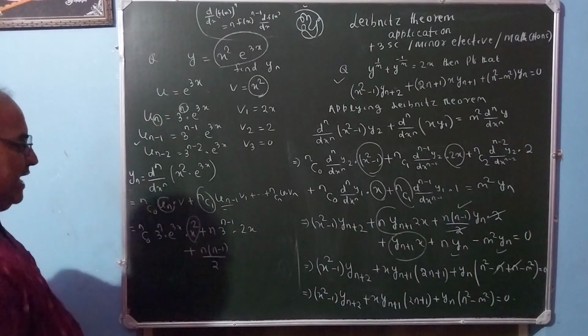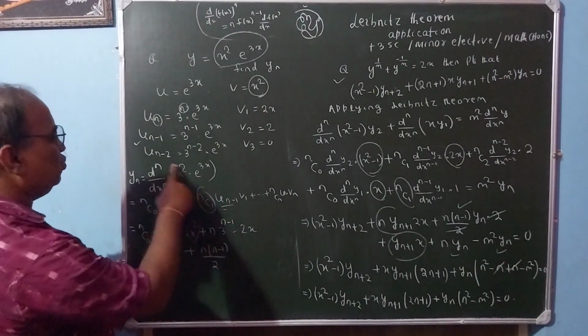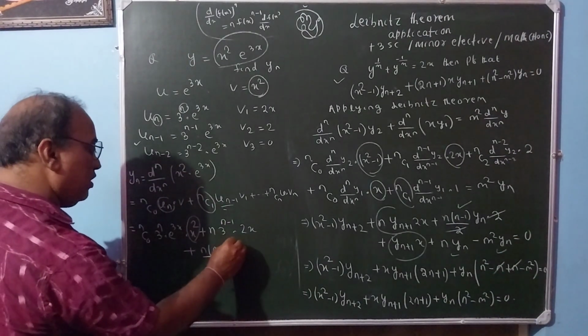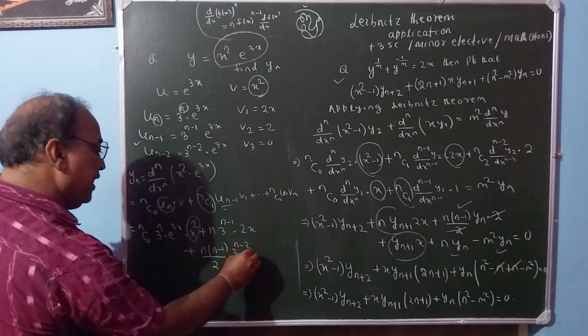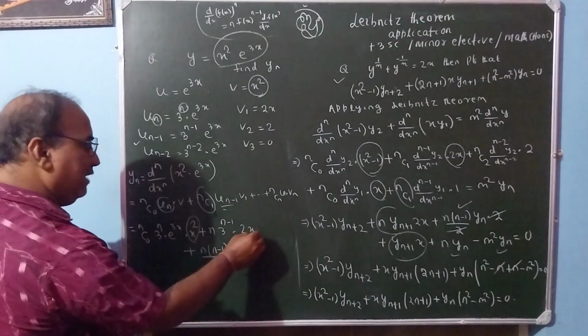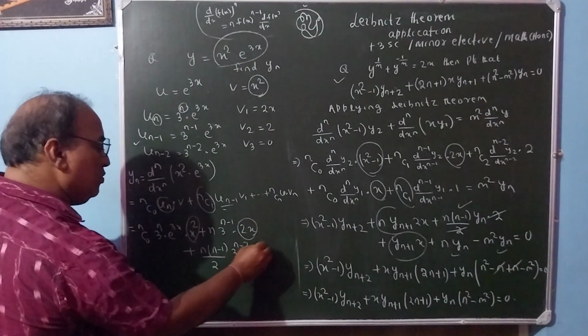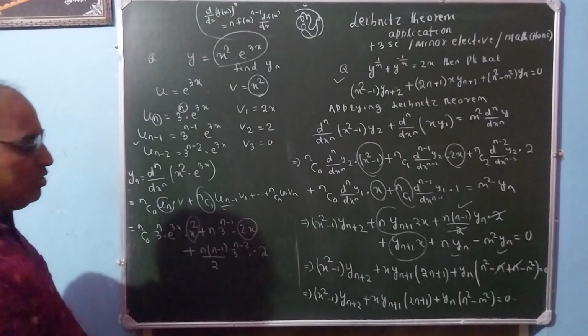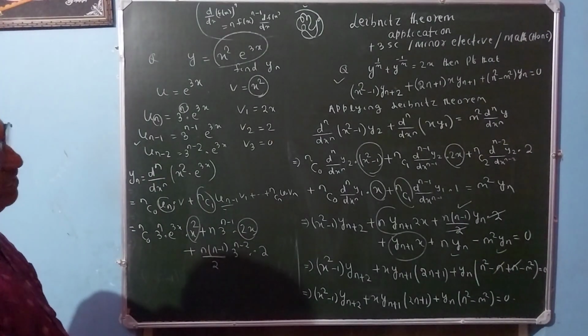Next step nC2 u_{n-2} means 3 to the power n minus 2 into derivative of 2x, it is 2. Now the process will come to halt here.